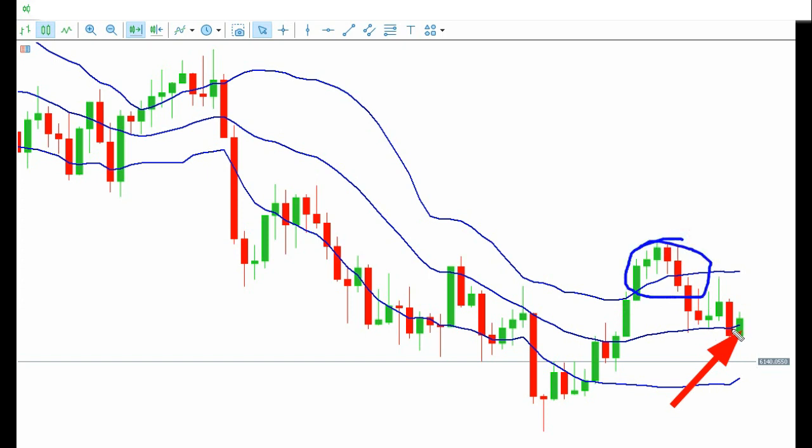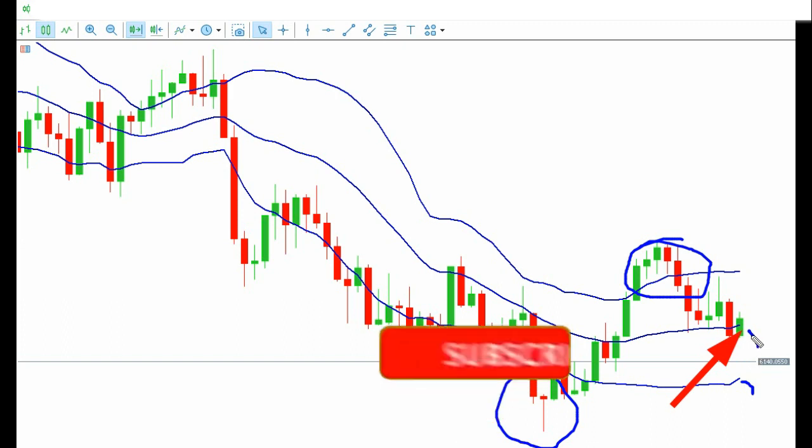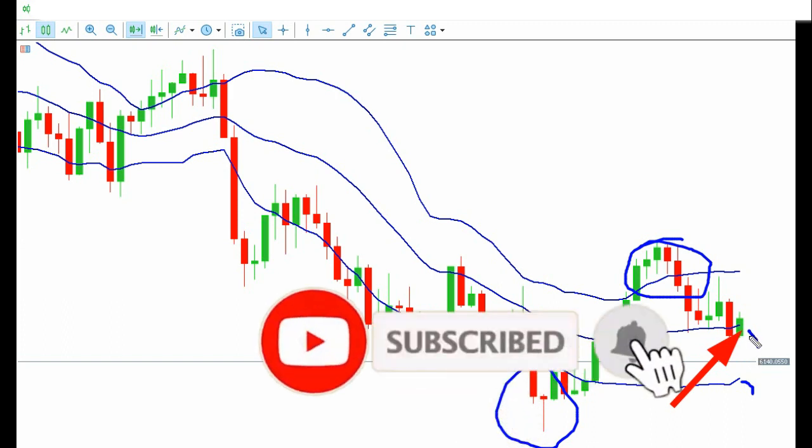So if this thing should break down a little bit and step out, always be careful to trade when the market is completely down. So if this thing should step down like this and continue trending, it may take like 2 days or 3 days, but be sure that you are on the right track. Once you have this, you are good to go.